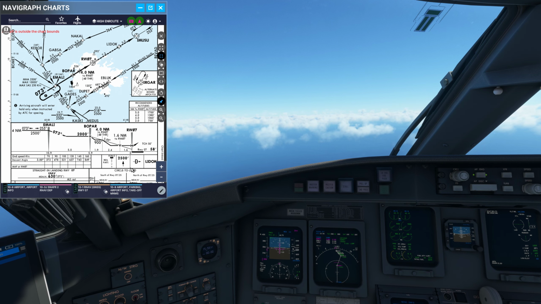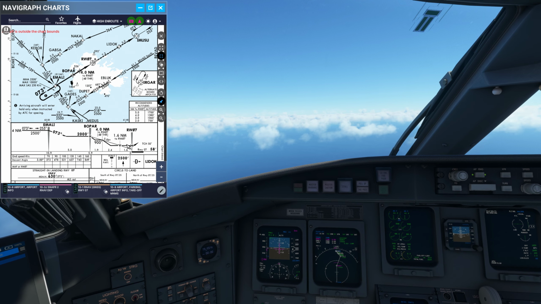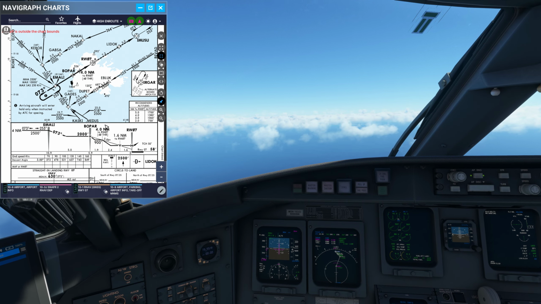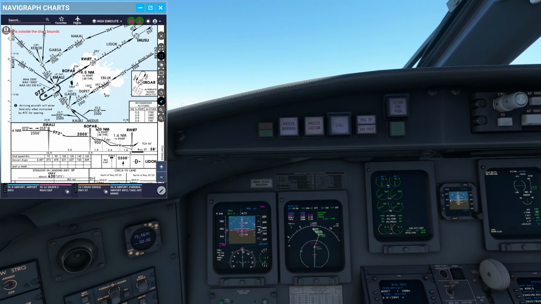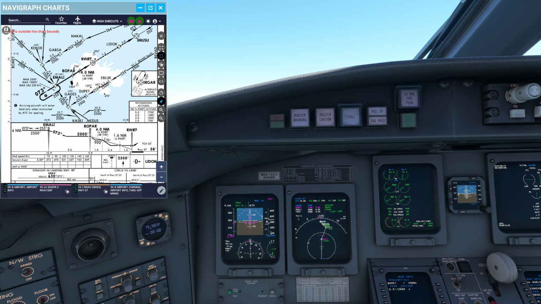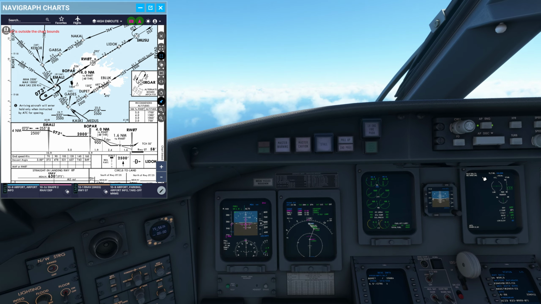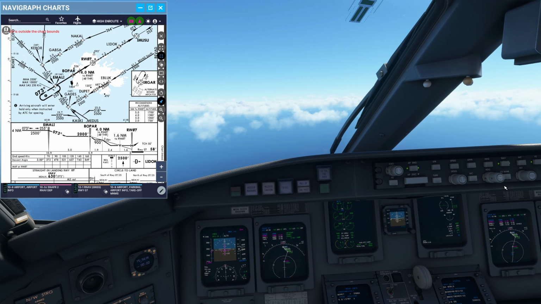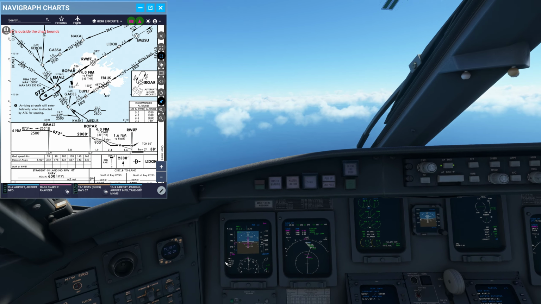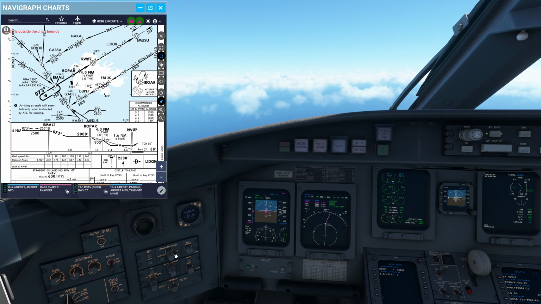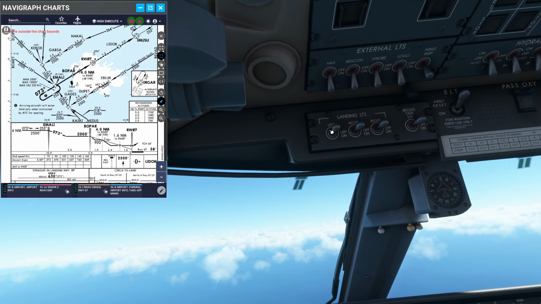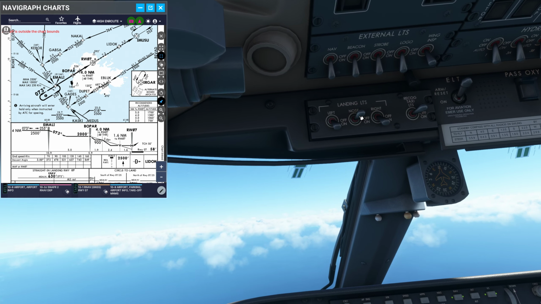So if the altitude pre-select is at 2500 and we start descending from 2000, it's not going to capture, which could be a problem for us. So at 10,000, we're good on the speed pretty much anyway. Alright, let's turn our lights on.